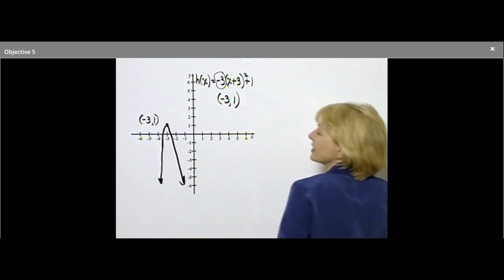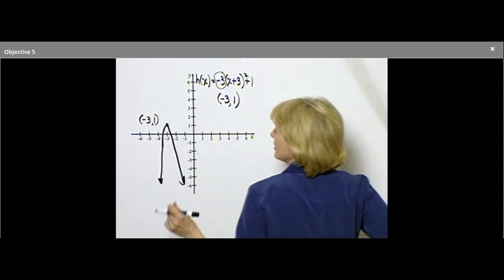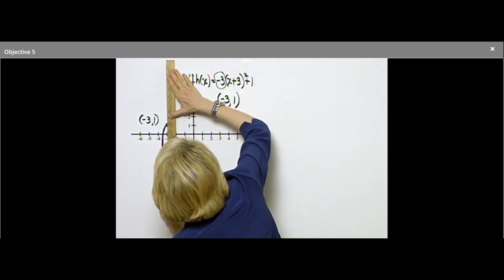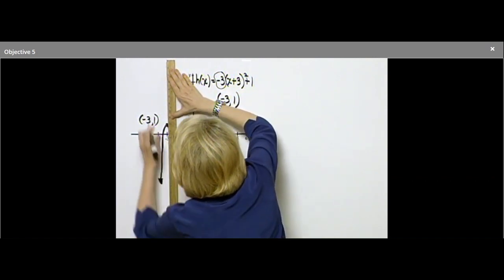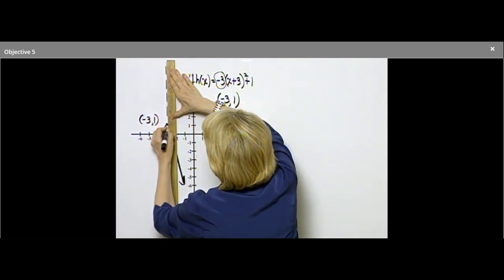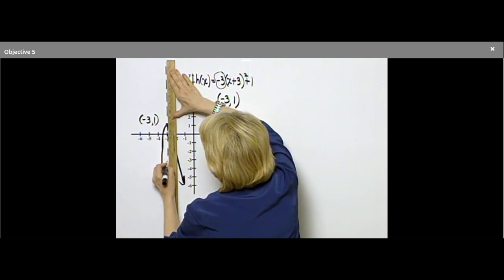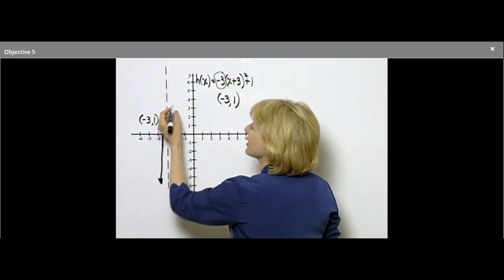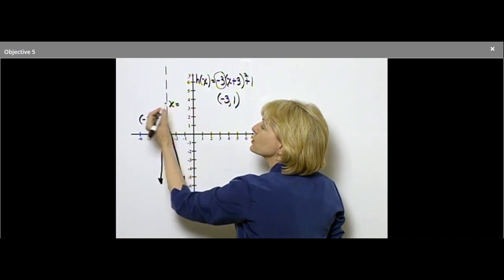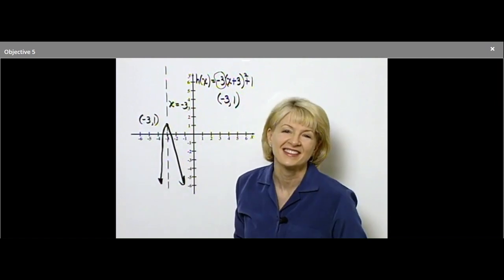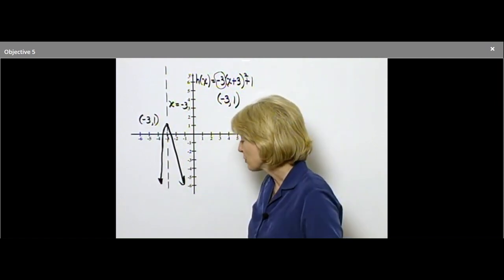Let me go ahead and sketch in the axis of symmetry. And here is a sketch of the axis of symmetry, and you be thinking about the equation of the axis of symmetry. It has equation x equals the x value of the vertex, in this case, -3.